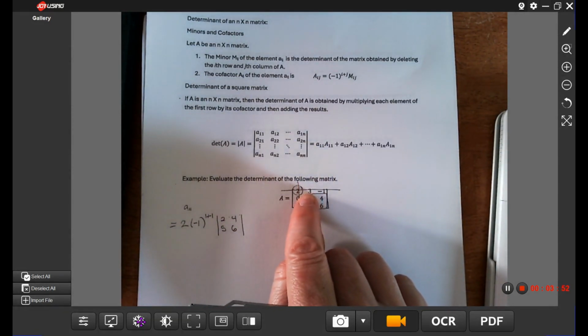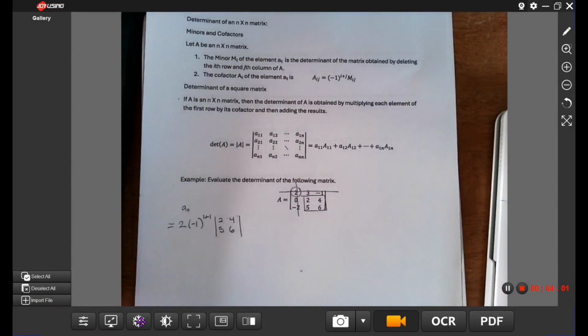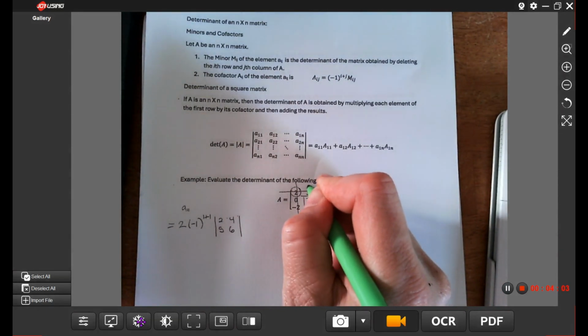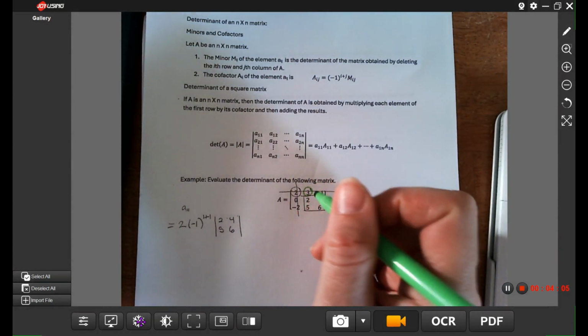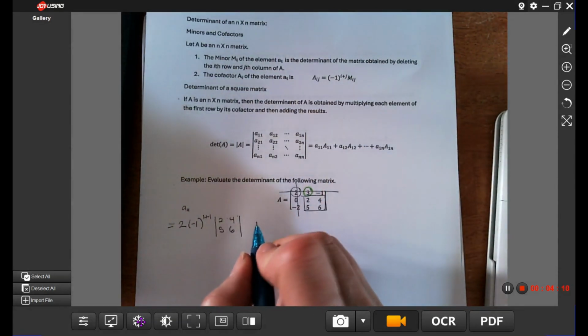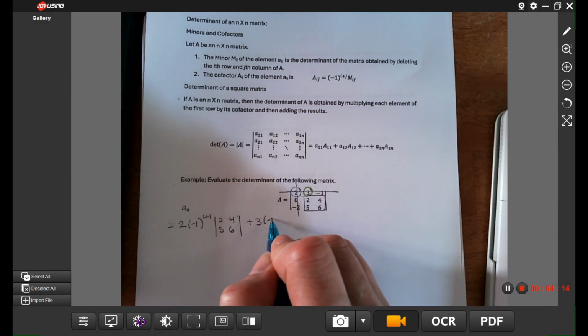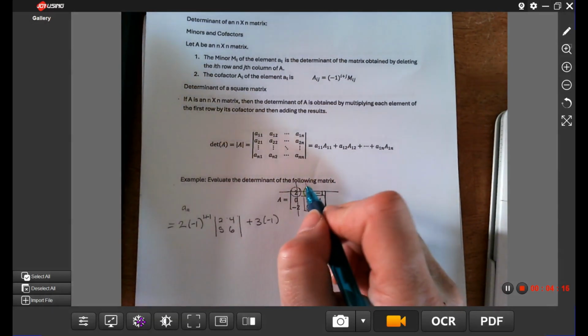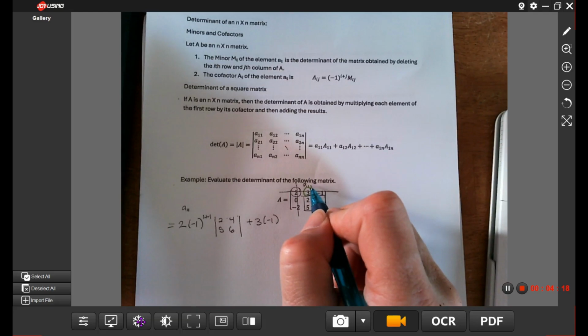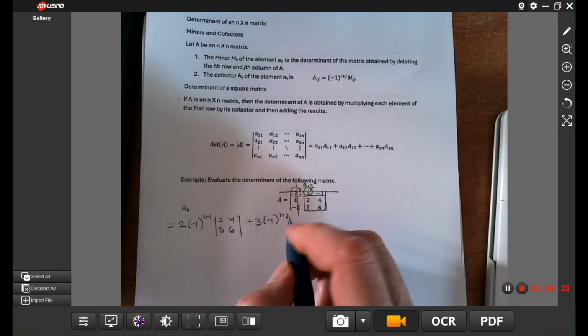Now I need to move to the second term in the first row, because we're just doing the first row. So in a different color, I'm going to take the second entry in the first row. That's 3. So I have plus 3 times negative 1 raised to the, well, that was row 1, column 2, so that would be 1 plus 2.